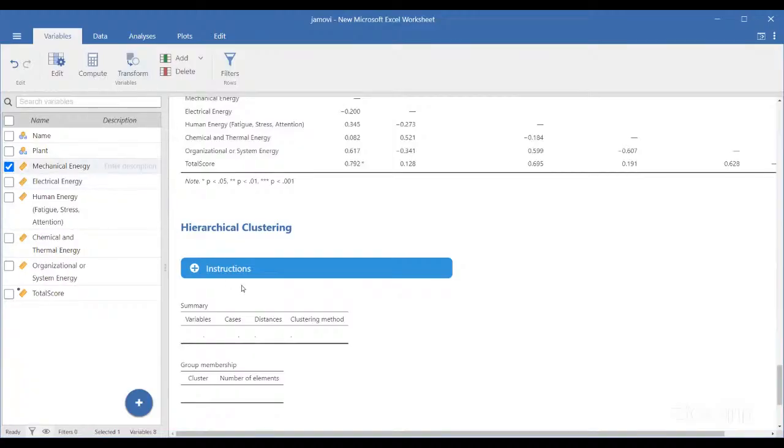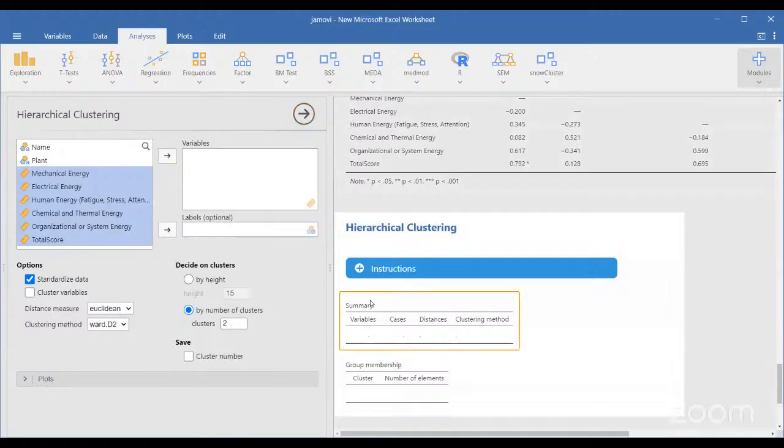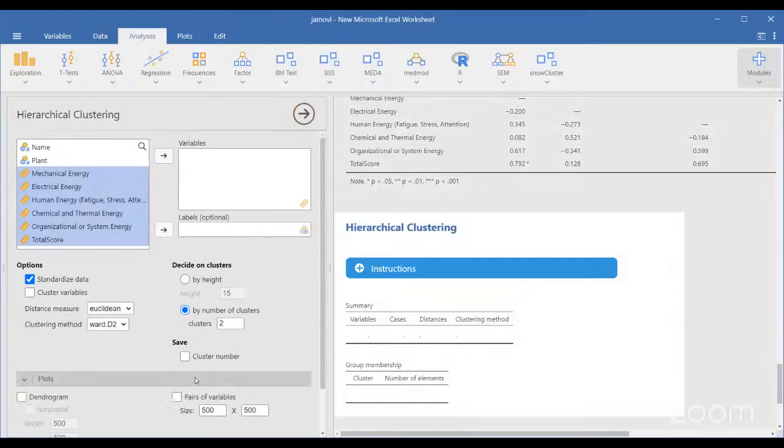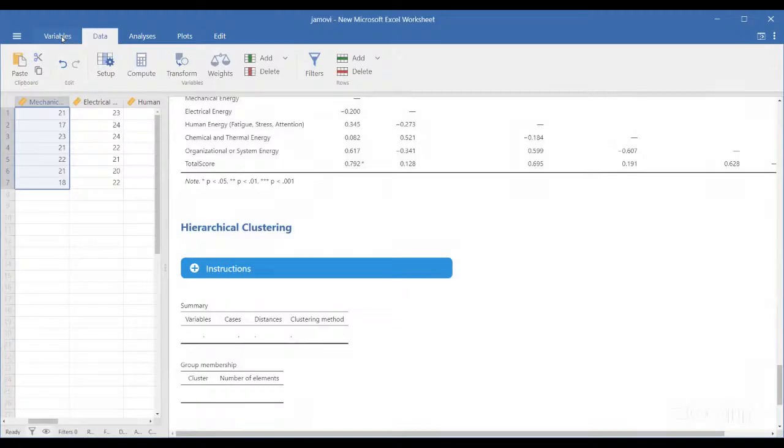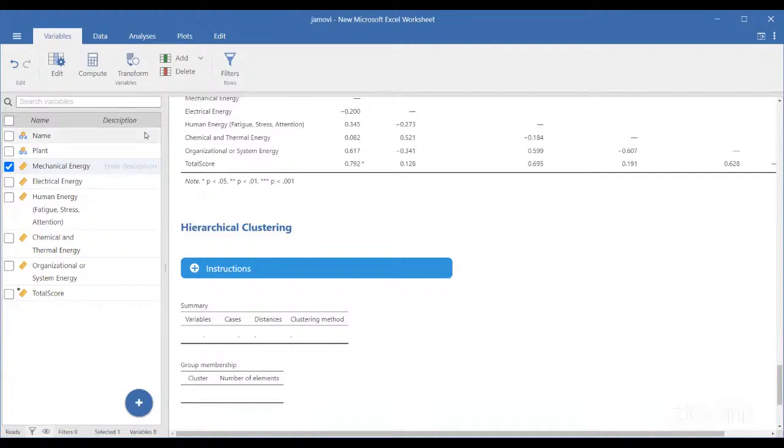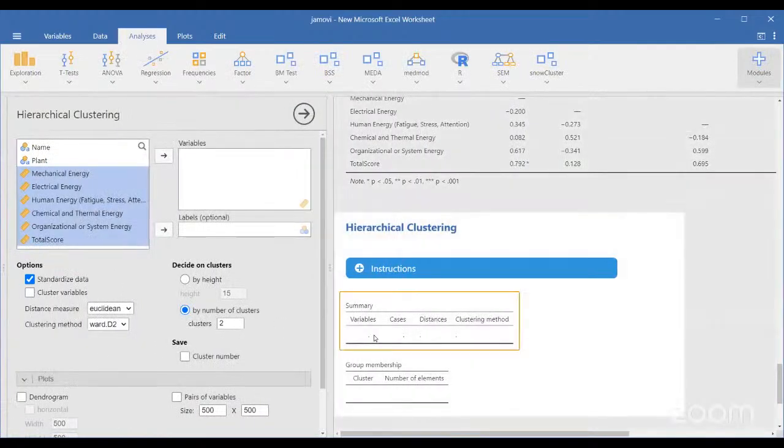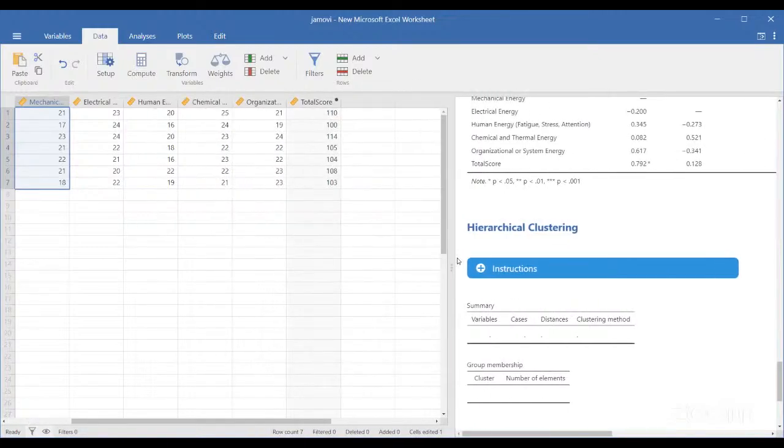No, transpose. Then the column will be the individual name and the row will be this. Therefore, we have to transpose the data.